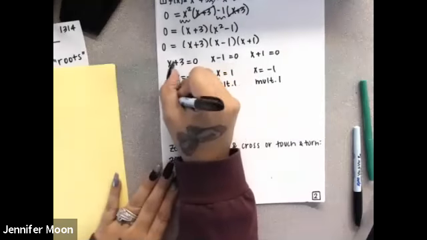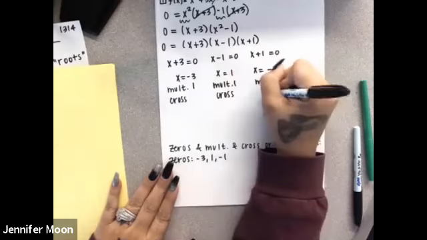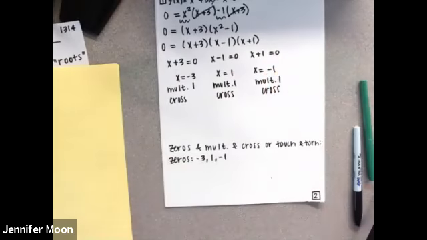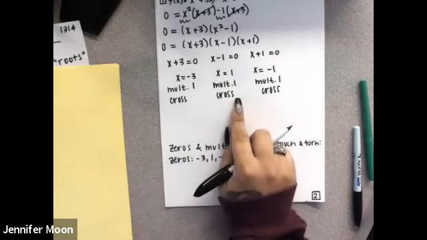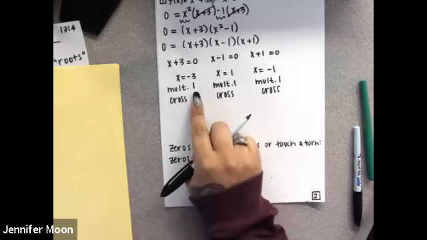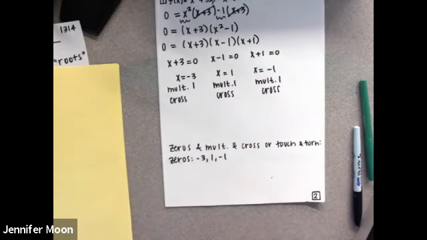So I could just write cross, cross, cross. And as far as the homework, it's going to ask you, there are 3 zeros, and at -3 the multiplicity is 1. It says it's odd, so it crosses.